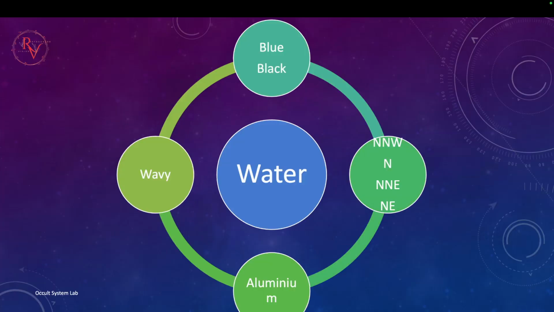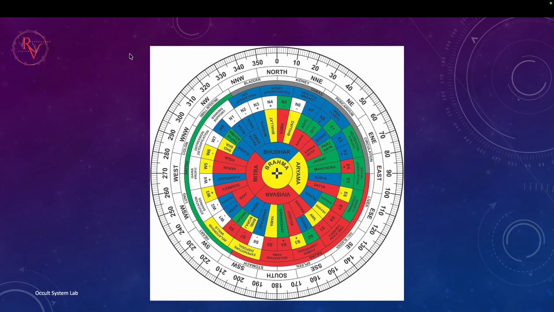Let us suppose you have placed something squarish in the north direction. Let's say you have a square clock present in the north direction. Now what will happen? That is an imbalance in the north direction, right?